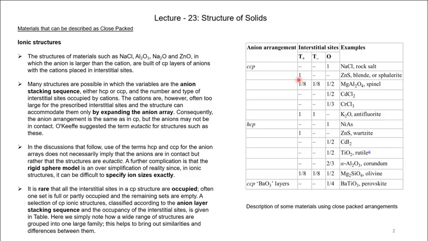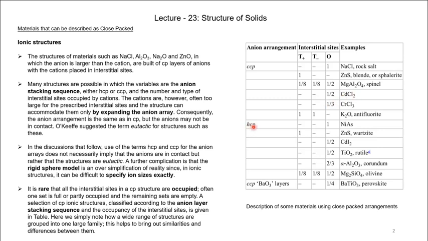Similarly, if we fill one half of the octahedral sites and 1/8 of the tetrahedral plus and tetrahedral minus sites, we come up with the spinel type structure. And you see next here that if only half of the octahedral sites are filled and tetrahedral sites are empty, we get the cadmium chloride structure, and so forth.